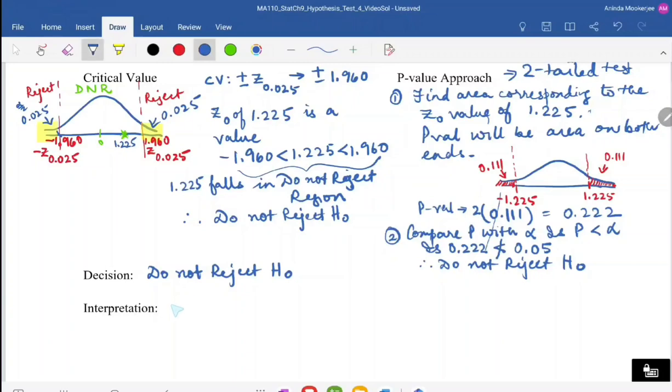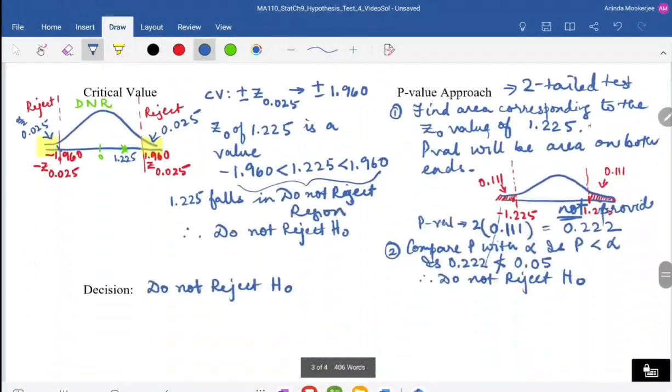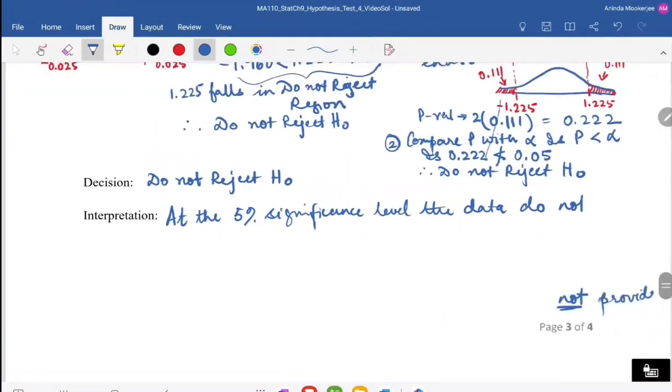Interpretation: start off by qualifying the test using the significance level. So at the 5% significance level, the data do not provide, sorry about that. The data do not provide.